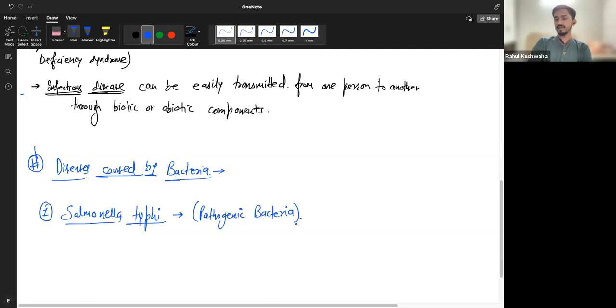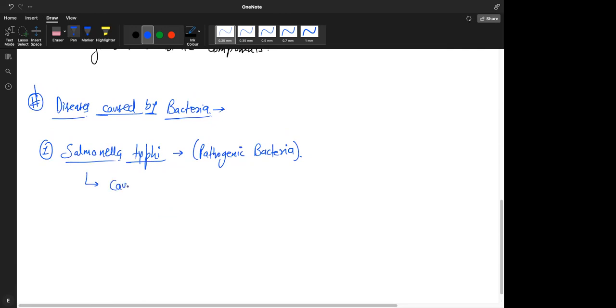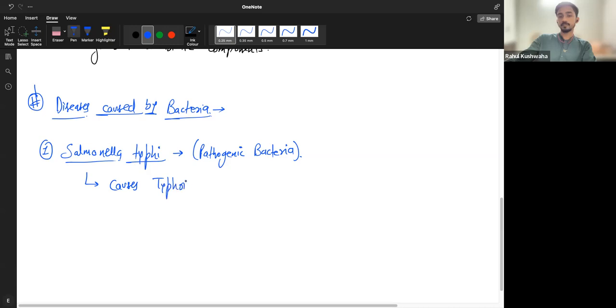Millions and trillions of these bacteria we take in our diet. So yes, they are not bad, they're useful. But Salmonella typhi is not like that. It's a pathogenic bacteria and it causes a disease which is known as, what does it cause? Typhoid. Yes, it causes typhoid fever.